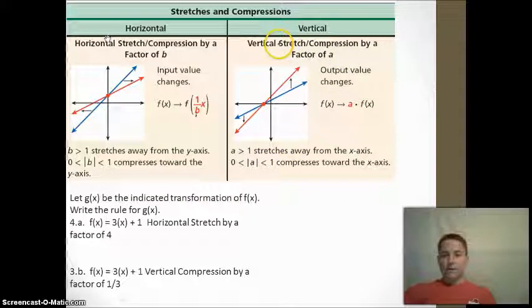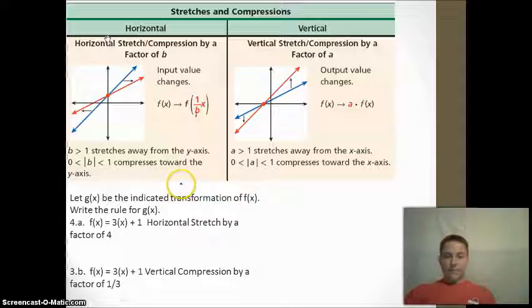If it's a vertical stretch or compression by a factor of a, we take the whole function times a factor of a. If a is bigger than 1, it stretches away from the x-axis. If it's a decimal or a fraction between 0 and 1, it compresses towards the x-axis.